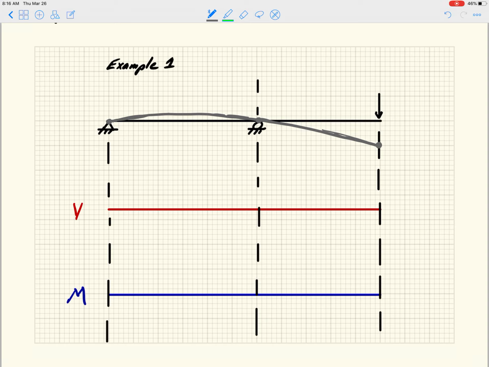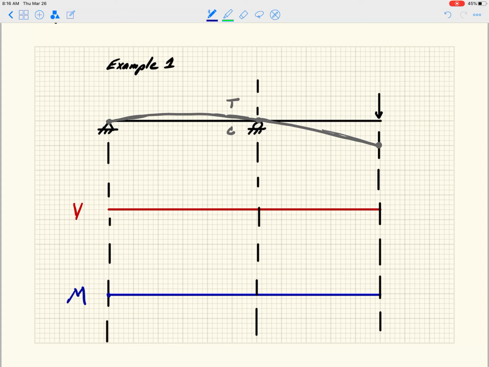One thing that you can see here, hopefully, is that the whole bottom is in compression and the whole top is in tension, right? So if we're going to now draw our moment diagrams based on the rules, well, we have a pin, and there's no moment applied to the pin, so my moment diagram has to be 0 there, right?